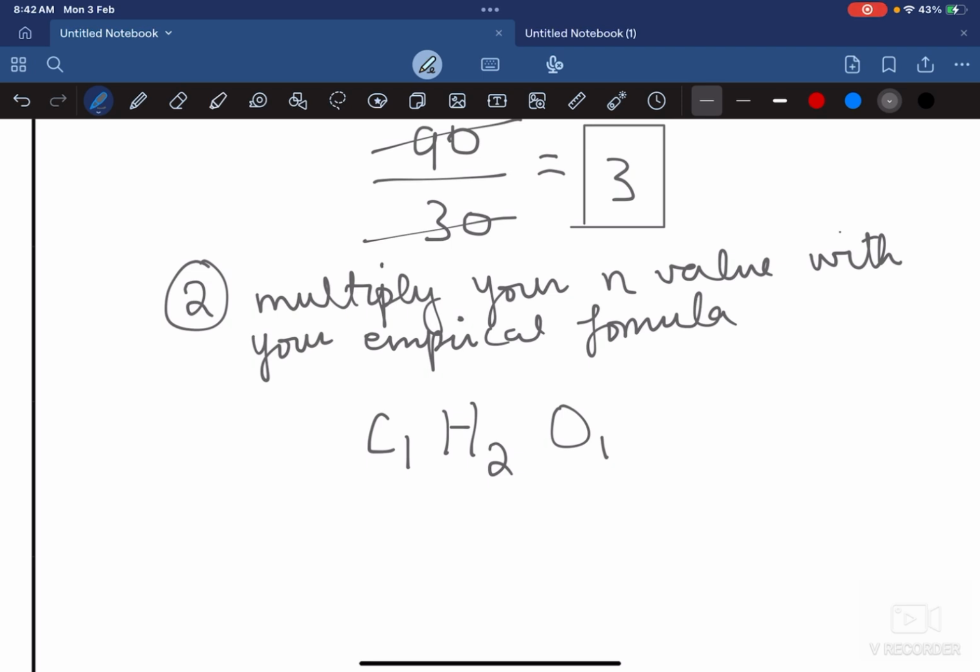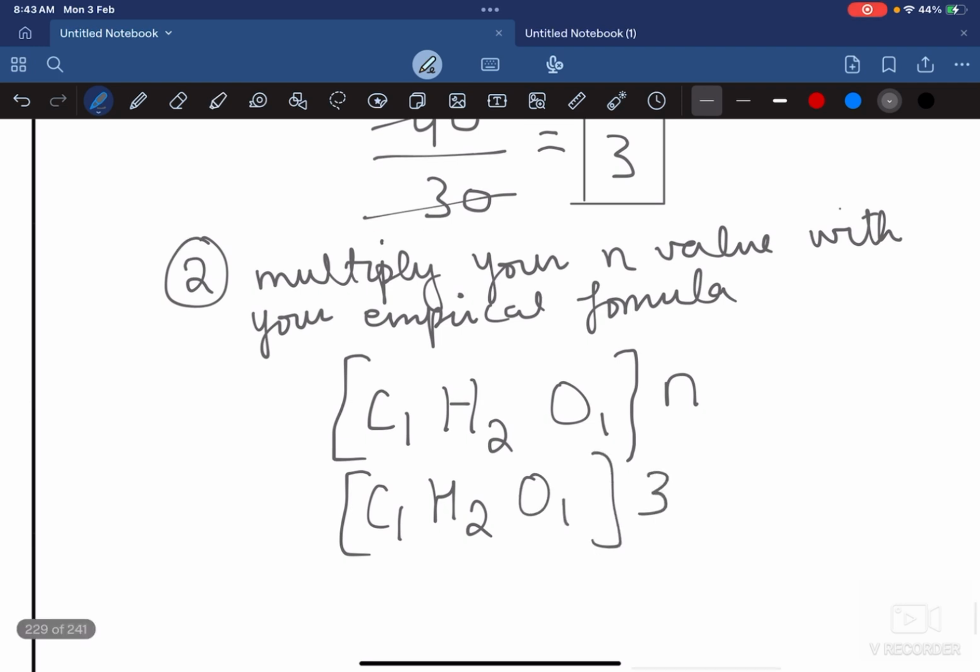इस पूरे को मल्टीप्लाई करना है n के साथ. What does it mean is कि n तो 3 है, तो let's write 3 instead of n. H2 and O1, that's going to be multiplied by 3.